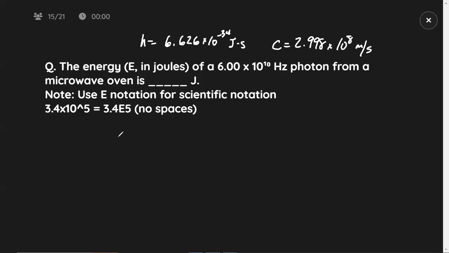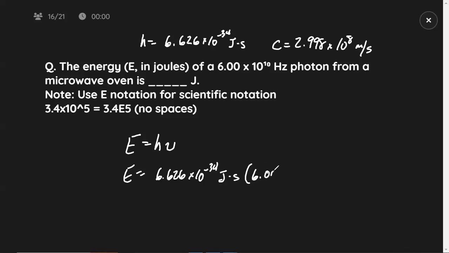All right, the equation in question here is the Planck equation. Energy is equal to Planck's constant times the frequency. So Planck's constant, 6.626 times 10 to the negative 34th joules times seconds, multiplied by 6 times 10 to the 10th hertz.